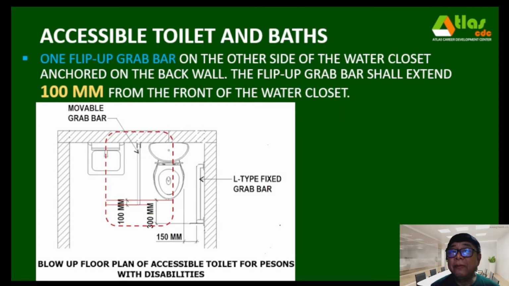And one flip up grab bar. So if this is the fixed one, the one at the other side should be a flip up grab bar anchored on the back wall. The flip up grab bar shall extend 100 mm from the front of the water closet.